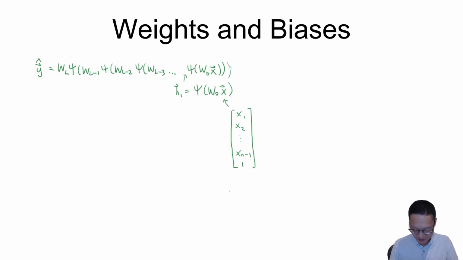So w0 is therefore a matrix multiplying this vector to give us another vector. For w0, it's a matrix, and it has the same number of columns as the number of components of x.